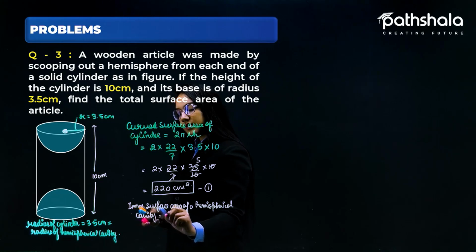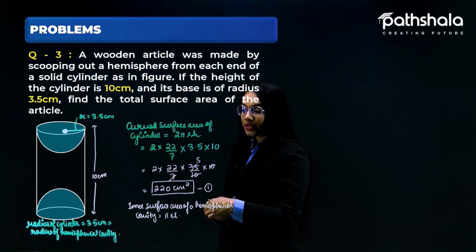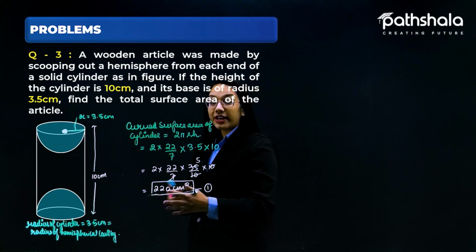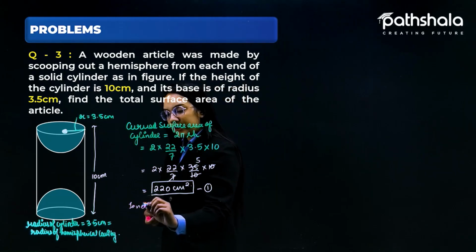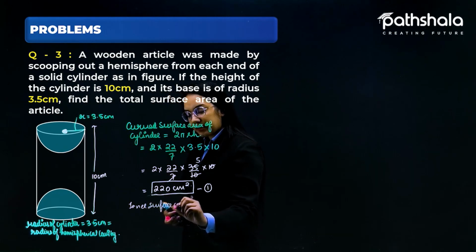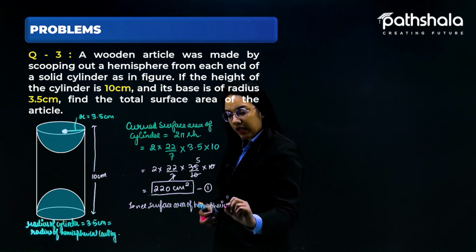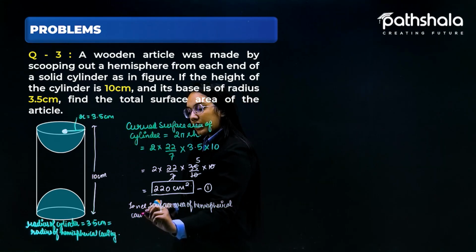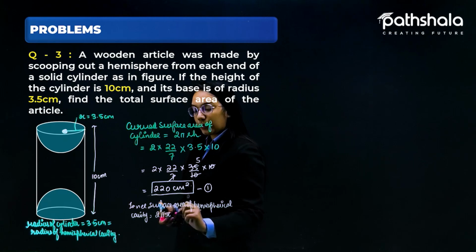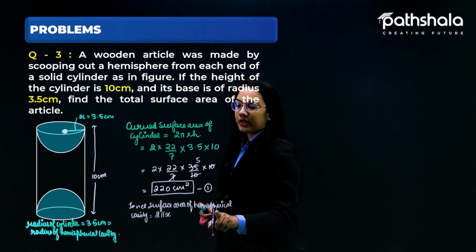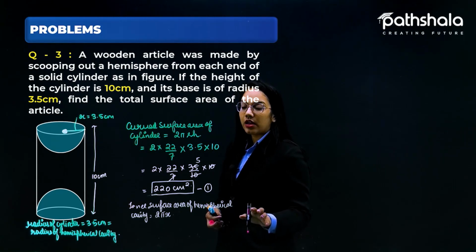The inner surface area of the hemispherical cavity is equal to 2 pi r square. This is the inner curved surface area of the hemispherical cavity.